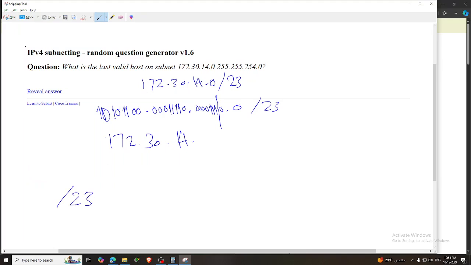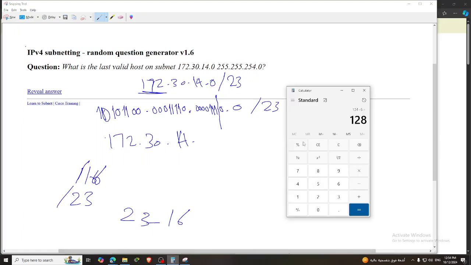And this range or this number refers to that this address belongs to class B address. And the class B address prefix length is 16. So if we subtracted 16 from 23, we will be left with 7.